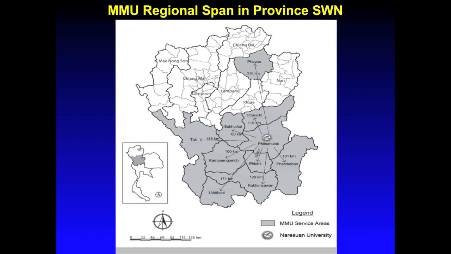Slide 45 shows you the span, regional span that is, in a middle set of provinces in Thailand, which we can call a Small World Network, SWN, served by an MMU, or Mobile Medical Unit. This is an approach developed by one of my former students, Professor Wanvisa Boonlart, at Naresuan University in Phitsanulok, which you see indicated on the map as the center of the region, Phitsanulok, Thailand.